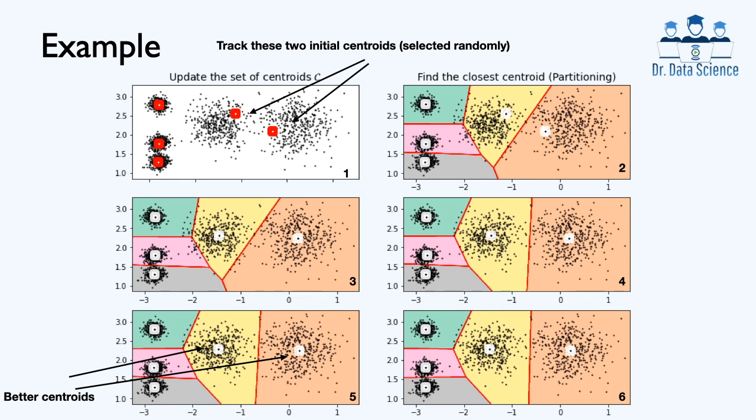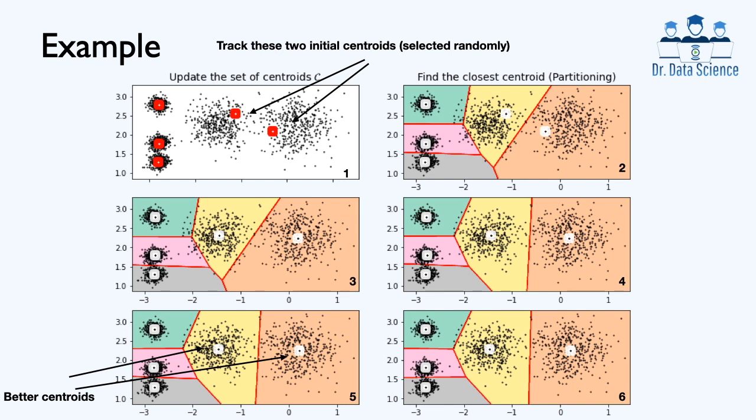On the right side in figure 2, we keep the centroids fixed to find the closest centroid to each sample, which gives us the partitioning of the data, as you can see here with these red decision boundaries. In figure 3, we update the 5 centroids by taking the average of points in each partition.